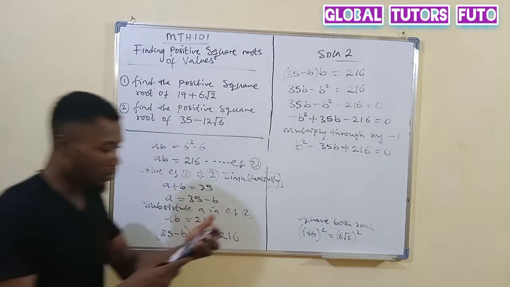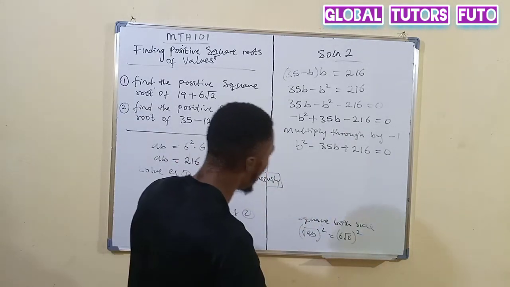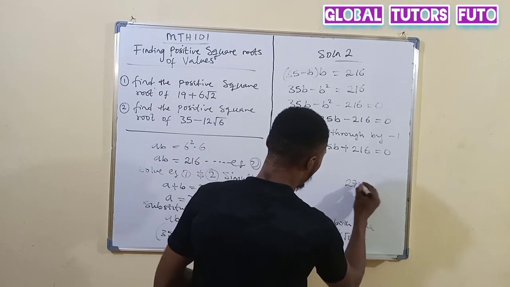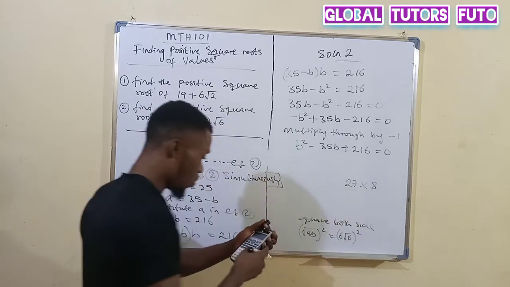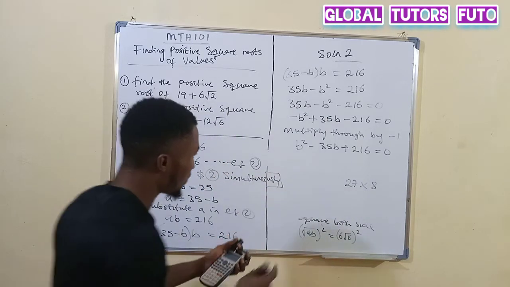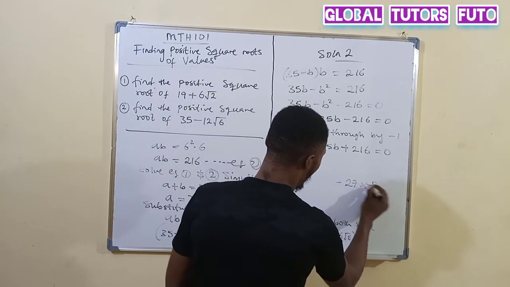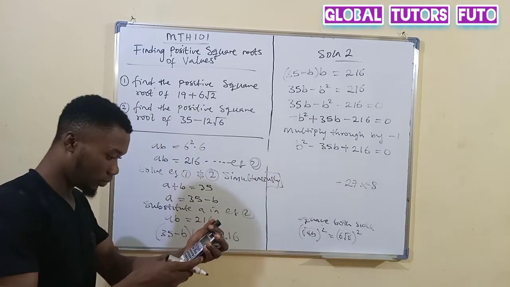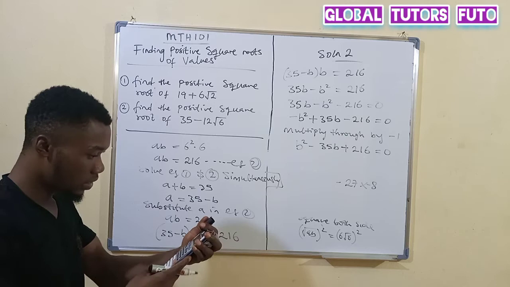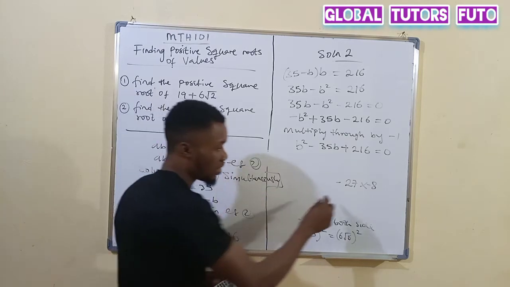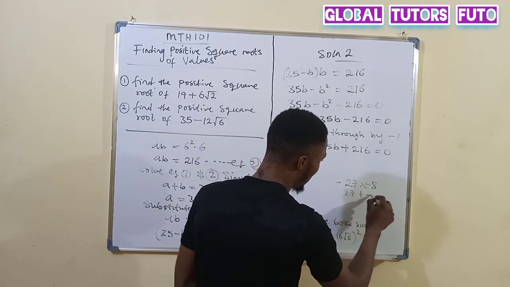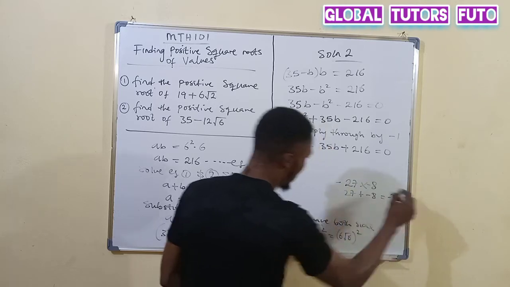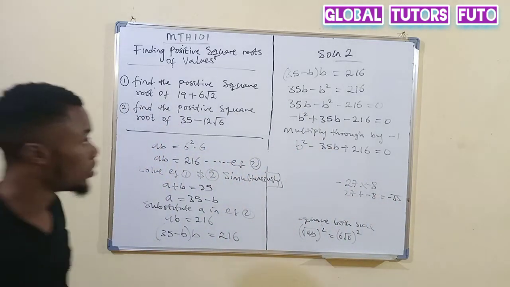We have 27 and 8. 27 times 8 will give us 216. Minus 27 times minus 8 will give us 216. Now minus 27 plus minus 8 will give us minus 35. So it is factorizable.